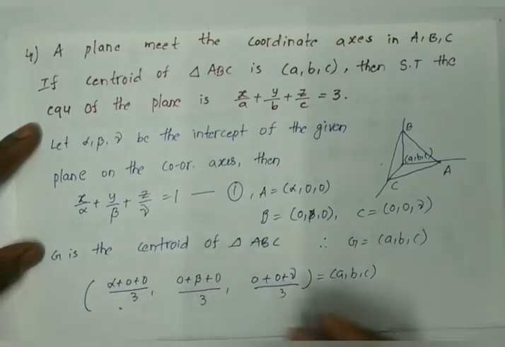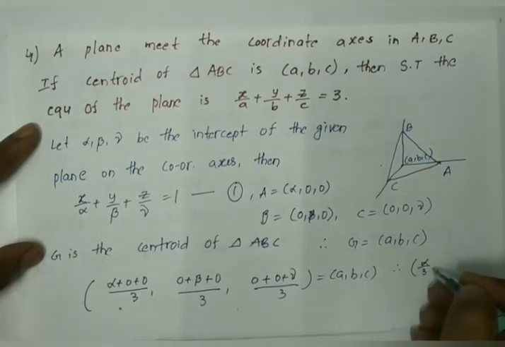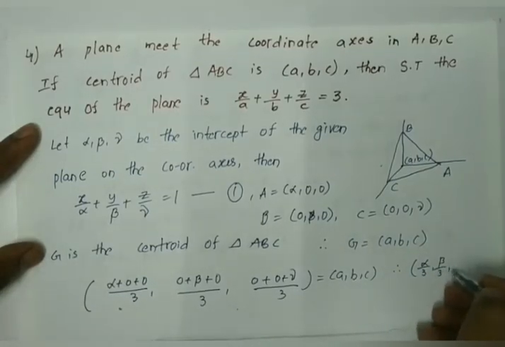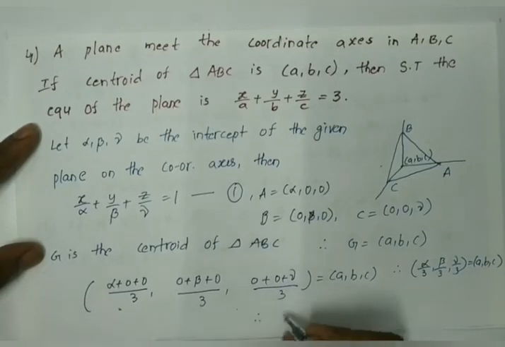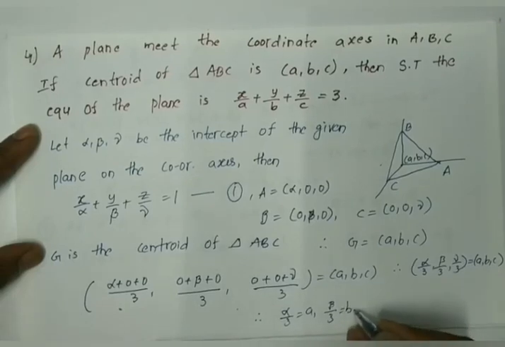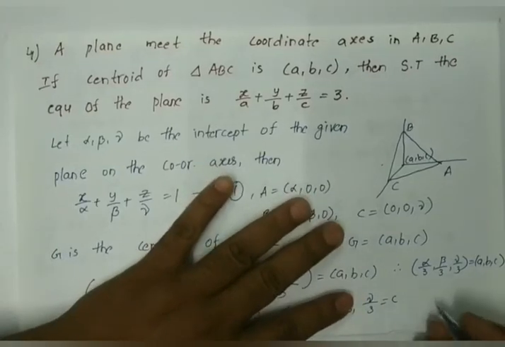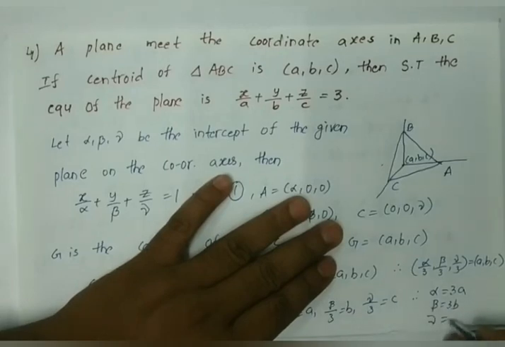So from this we get alpha by 3, beta by 3, gamma by 3 is equal to (a, b, c). Therefore alpha by 3 is equal to a, beta by 3 is equal to b, gamma by 3 is equal to c.